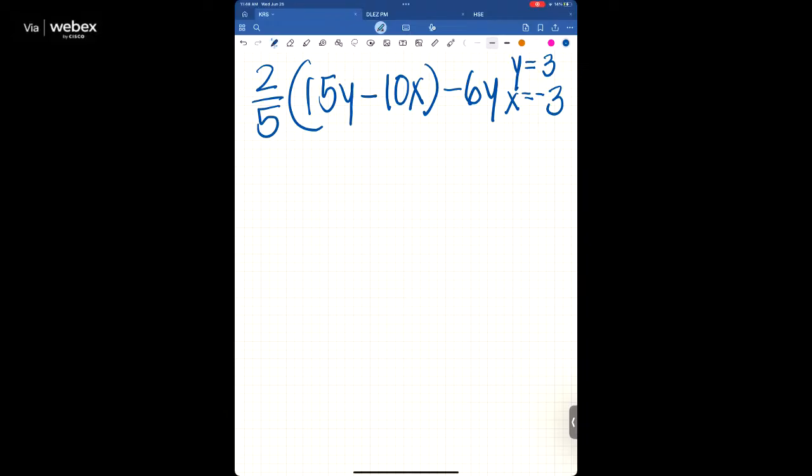Yes, we have 2/5 times (15y minus 10x) minus 6y. Simplify, then solve for y equals 3, x equals -3.